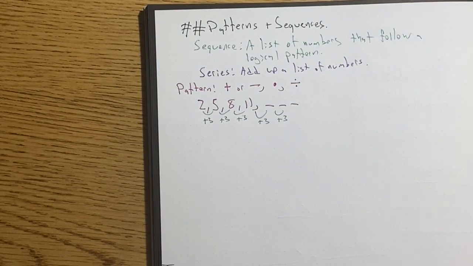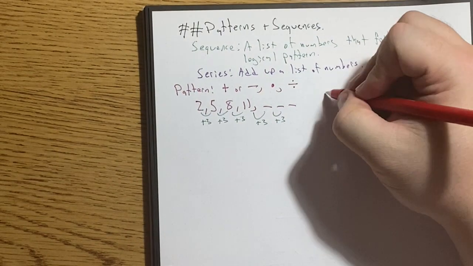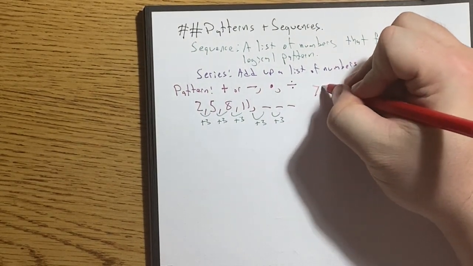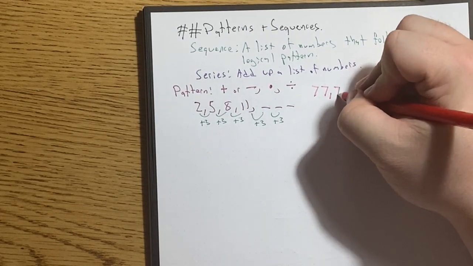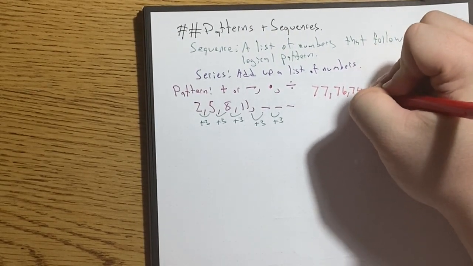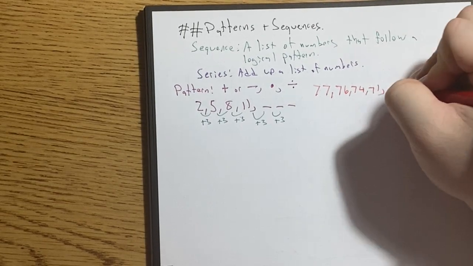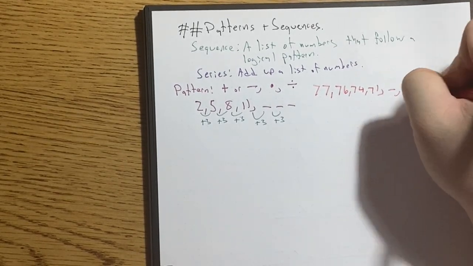This doesn't always have to be the same number that's being added or subtracted. I could start off with 77, 76, 74, 71. It just has to be a logical pattern.